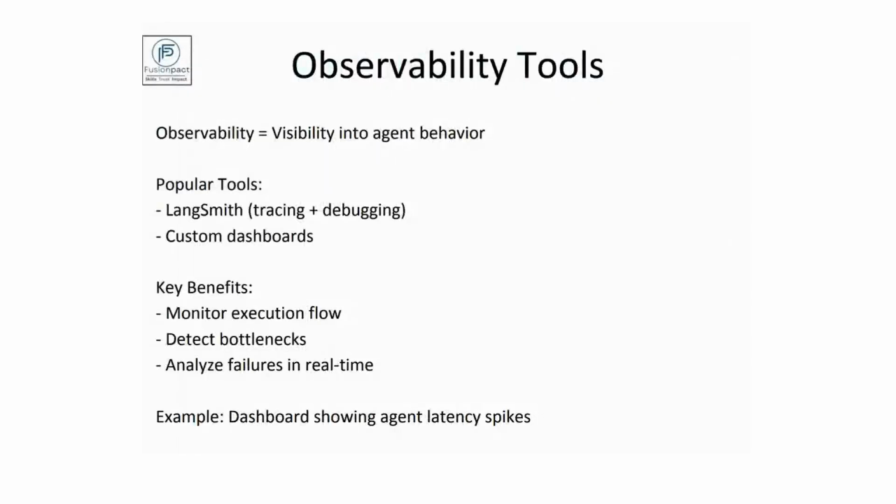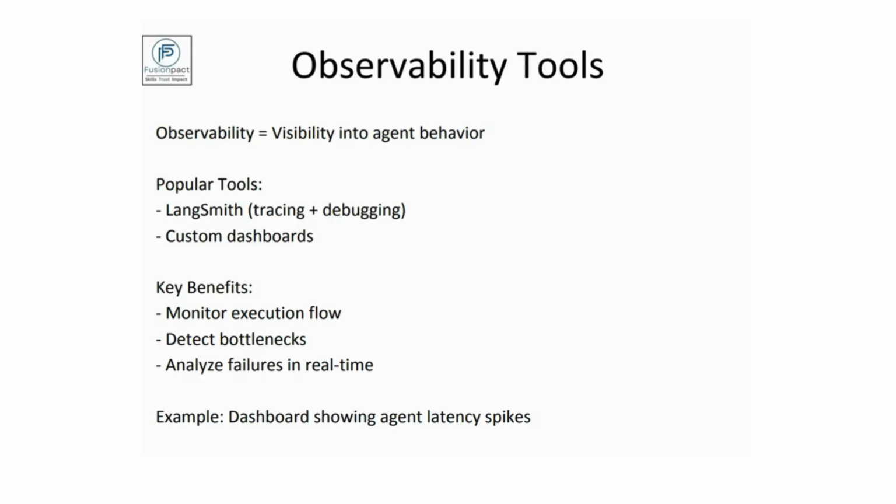For this, we have particular tools that are used in the background of an AI agent. These are called observability tools. They run in the background of the AI agent, but they are very helpful for an AI agent to debug and trace problems and to find the solution for the particular ticket that is raised.